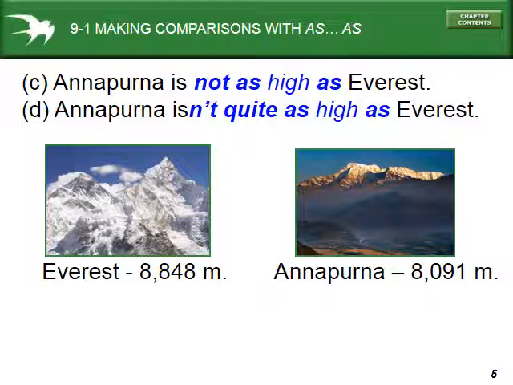We can also say Annapurna is not as high as Everest, or we could say Annapurna isn't quite as high as Everest. Now the difference between not as and not quite as is that not quite as means that it's a small difference between the two. So in this case, we're talking about 800 miles, yeah, it must be miles, between the two.